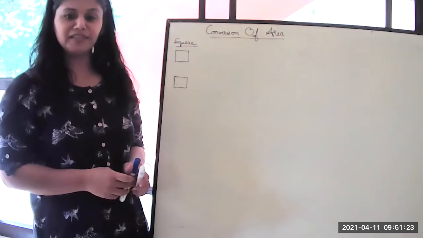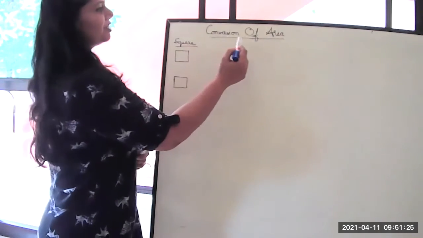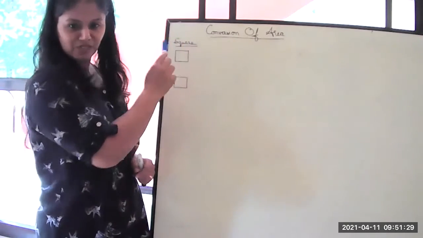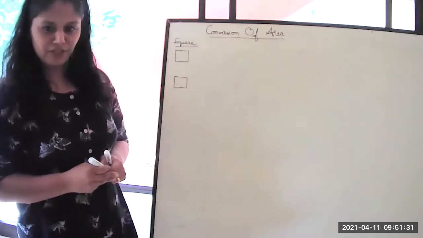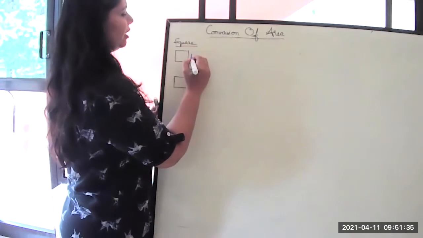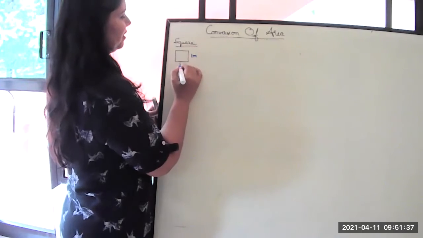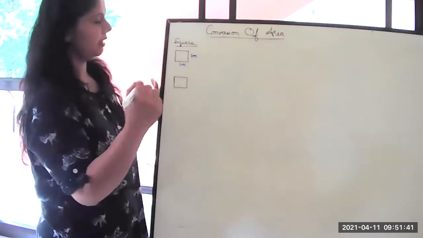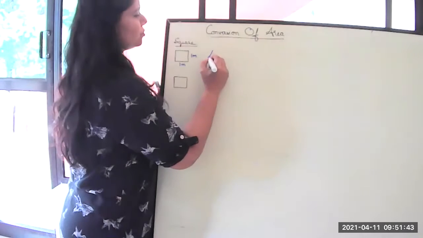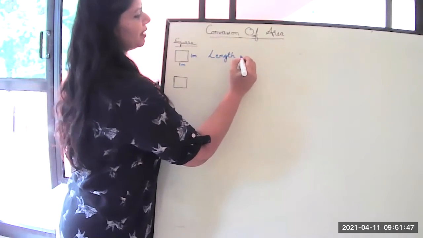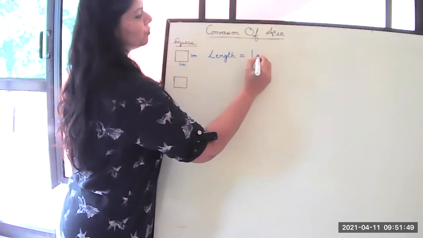Today we are going to learn about conversion of area of a square. If the square has a side of 1 meter, then what will be the area? So length is equal to 1 meter.